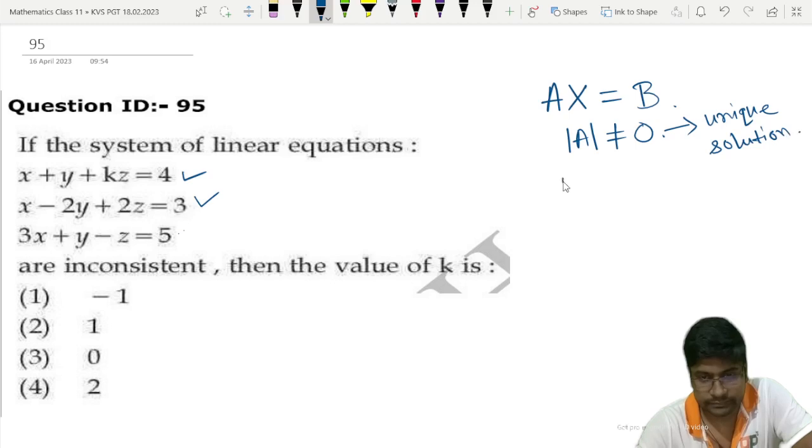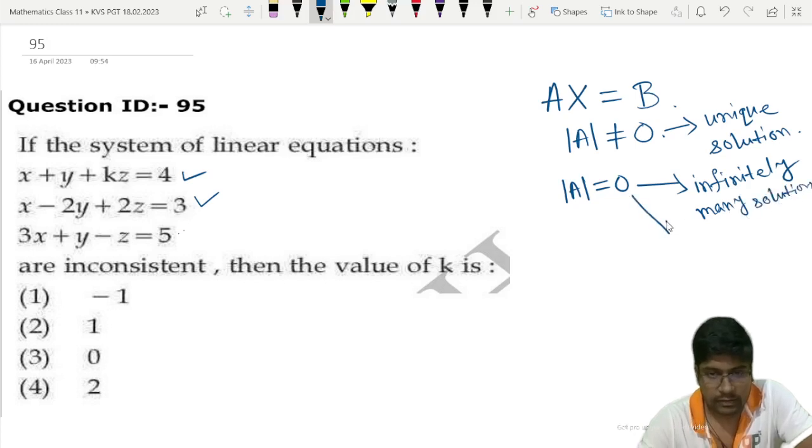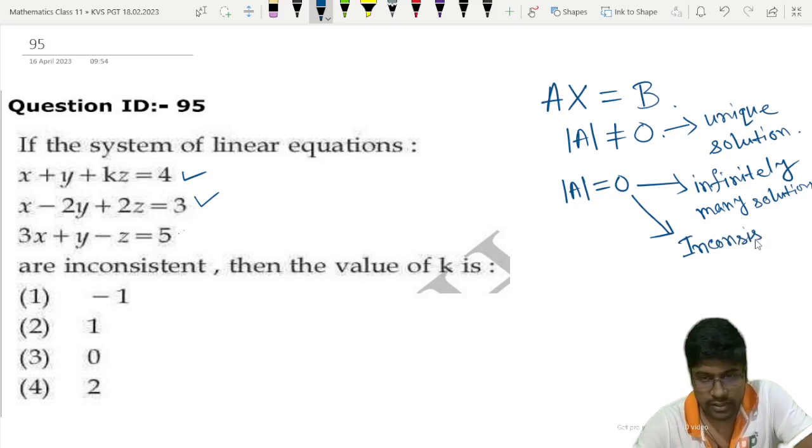Now if det A is equal to 0, then there will be two possibilities: one is infinitely many solutions, or it may be inconsistent, that means there is no solution.